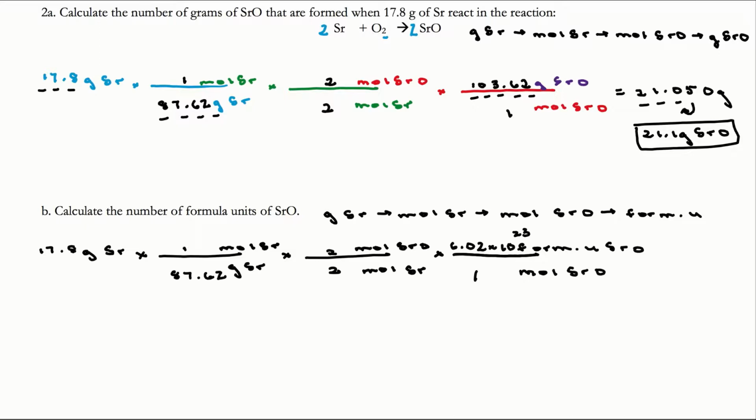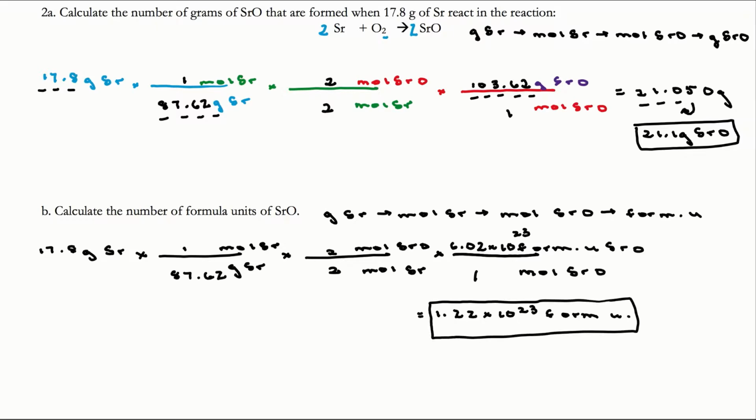Okay, and so the value I get, I want 3 sig figs. I end up getting 1.22 times 10 to the 23rd formula units. So this is a slightly different problem from the one above because I'm not trying to convert into grams in my last step. Instead, I'm trying to convert into formula units, which you can totally do.